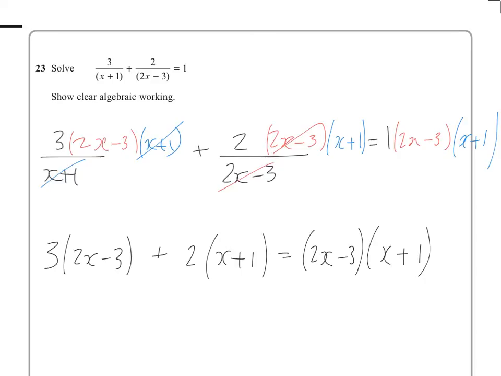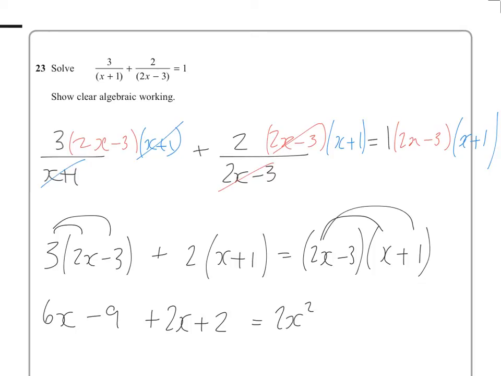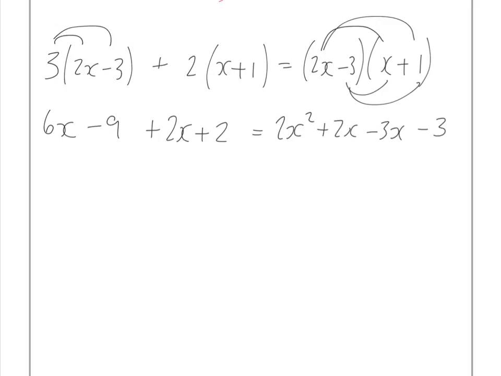Simplifying the left hand side, I've got 3 times 2x, so 6x minus 9 plus 2x plus 2 equals the right hand side 2x squared plus 2x minus 3x minus 3. Simplifying, 6x plus 2x is 8x, minus 9 plus 2 is minus 7, equals 2x squared, 2x minus 3x is minus x, minus 3.